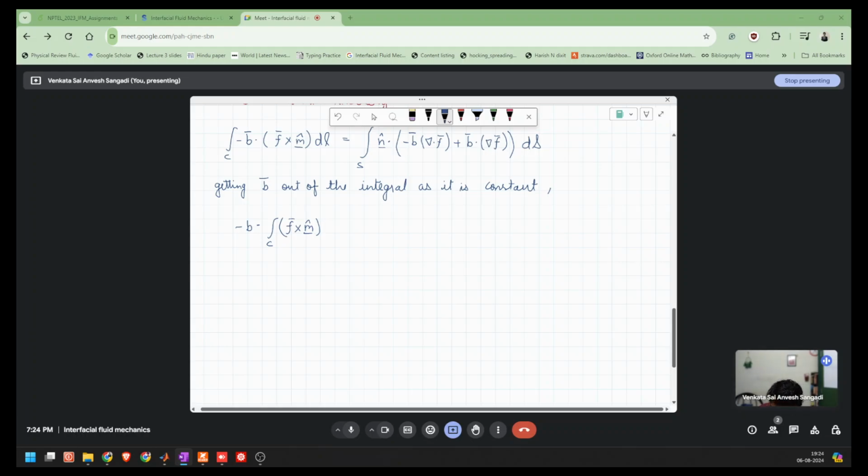M, remember, is the unit normal in the direction of F. This is equal to B dot the surface integral of grad divergence of F plus simply grad F.